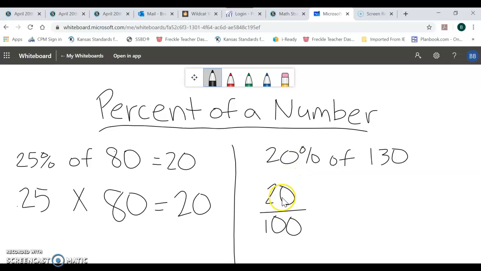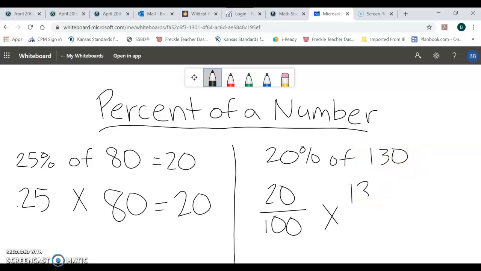So 20% is 20 over 100, and then times this number again. We're going to have a problem here though, because if you just write 130, you don't really know exactly what to multiply. You don't know if you do 100 times 130 or 20 times 130 or what you're supposed to do. So you need to change this number into a fraction.